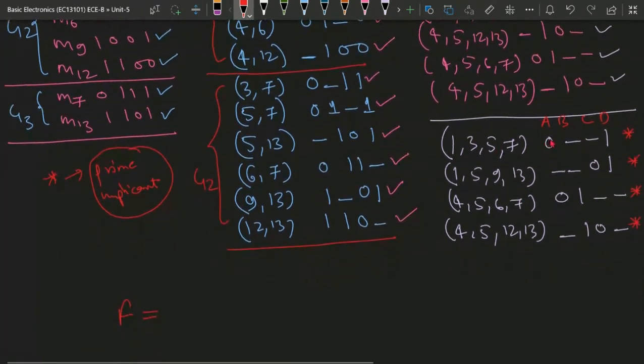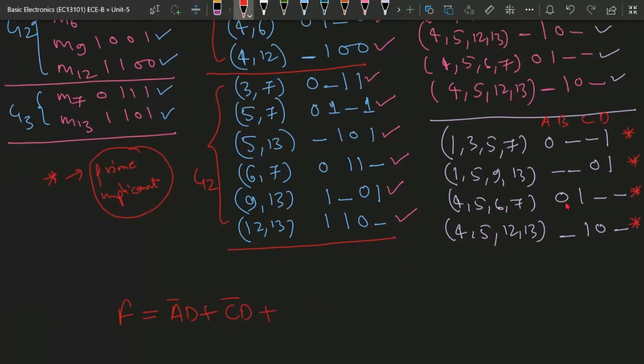A is 0, so it is A bar. A is 0 means A bar. B C, so B C is there. If it is dash, we will be neglecting it. That means it has been minimized. D is 1, so it is D, plus. For this, dash dash means A B has been minimized. C is 0, D is 1 means C bar D. Next is 4 5 6 7.